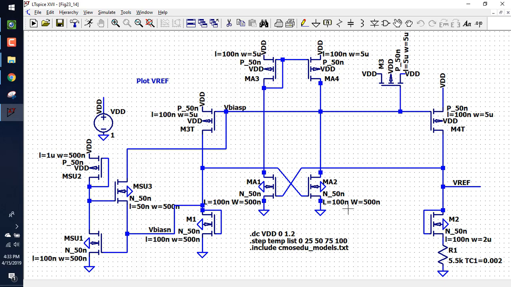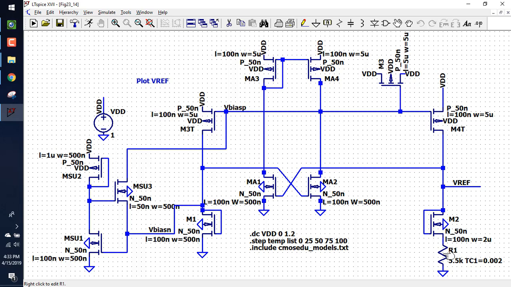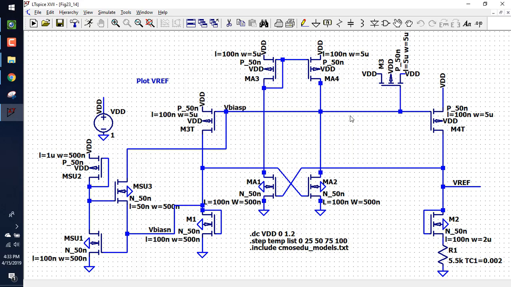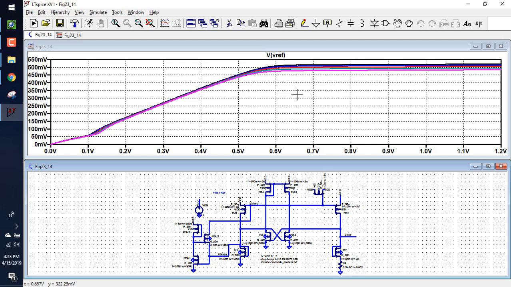Now notice, and I've made this mistake lots of times, see this resistor? If I don't put the temperature coefficient in for that, if I don't put the TempCo in for the, let's do control. If I don't put the temperature coefficient in for the resistor, I'm not going to get the right answer. Does everybody follow that? So let's hit run. And then I've got several currents here.